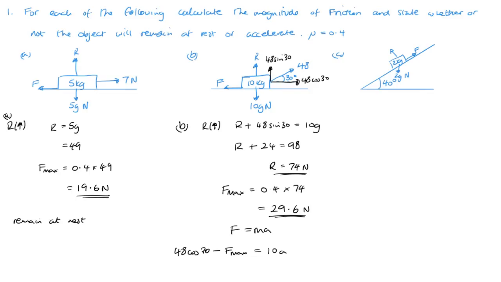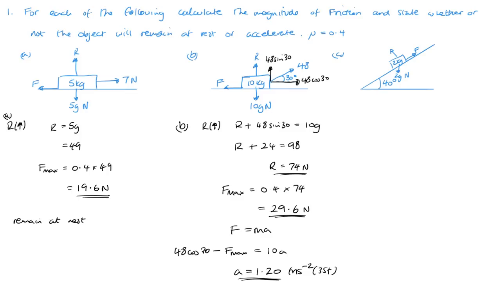So 48 cos 30 minus 29.6 gives me 11.969, divided by 10 gives me that the acceleration is 1.20 meters per second squared to 3 significant figures.